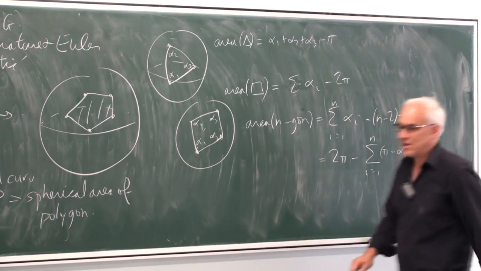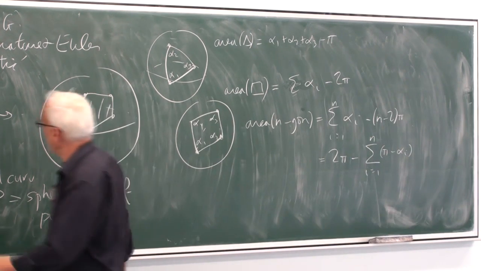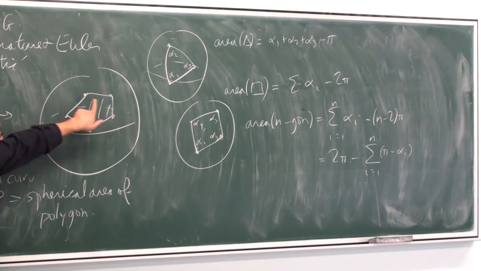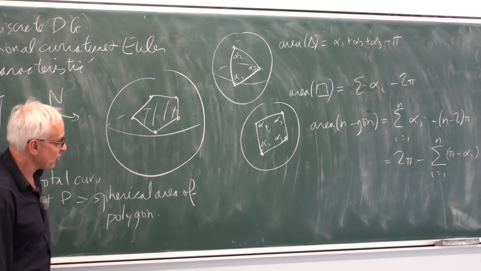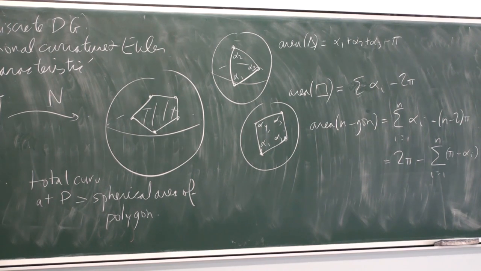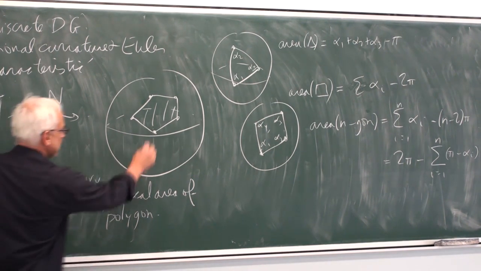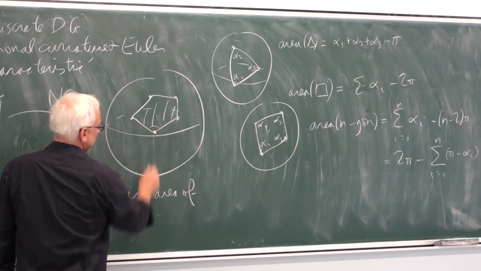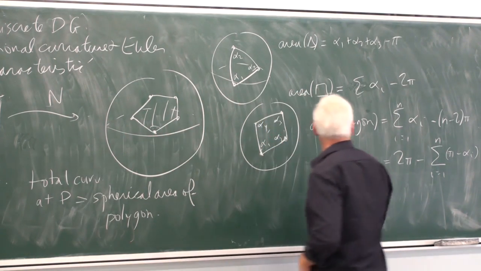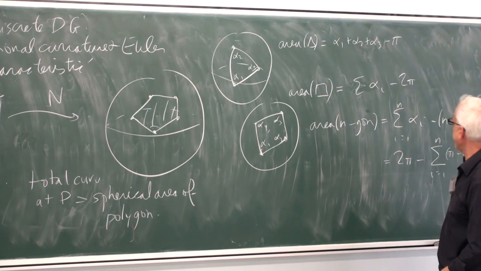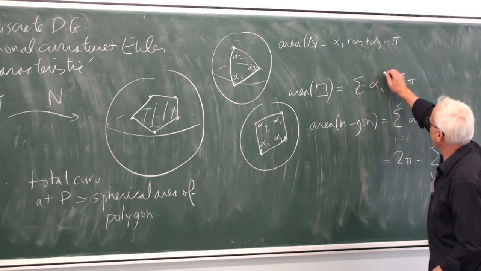So if we go back to this situation here, the area of this n-gon is going to be 2 pi minus the sum of the pi minus the alpha i's, where these alphas are different from those alphas, so let me call these ones alpha primes.